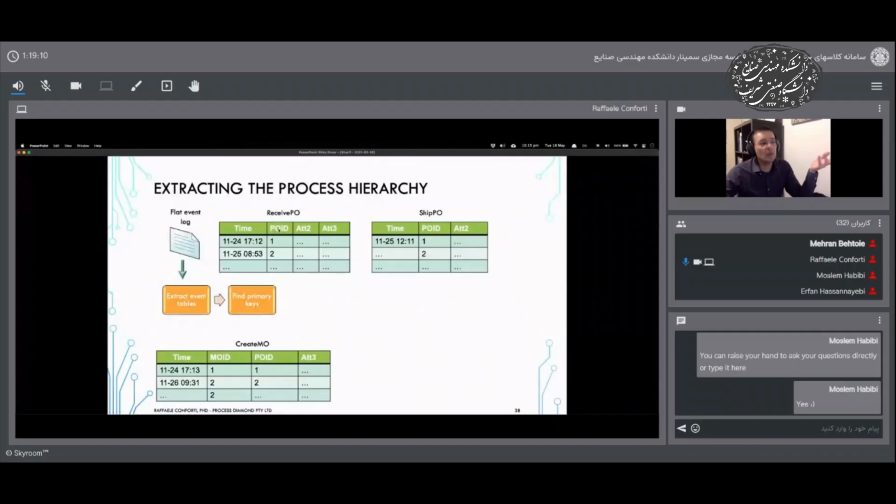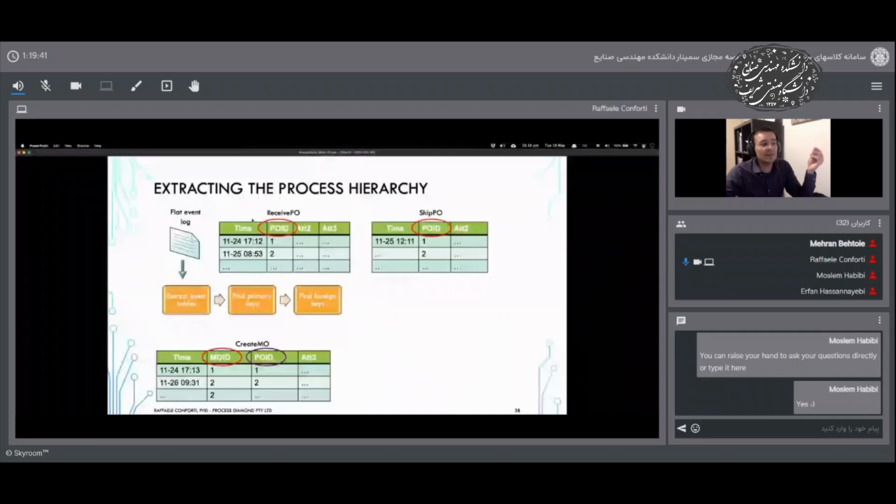We have ways to identify what a primary key is, as well as we need to identify potential attributes that represent a foreign key within the database. Once we have these two, basically we are able to identify that there is a relationship between this table here and those two elements.